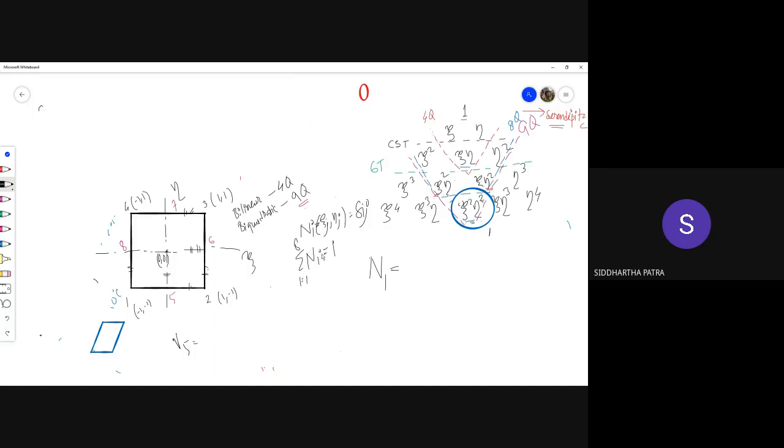So let's say I want to construct N1, which would be unity at node 1 and 0 everywhere else. What would be the straight lines that I must look into? 2, 3. 3, 4. And 2, 4.